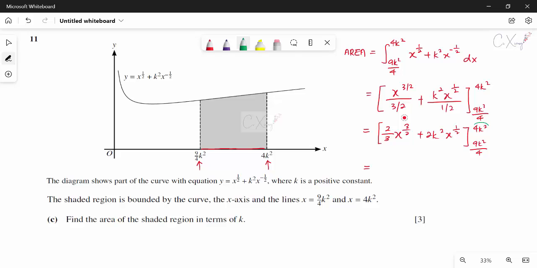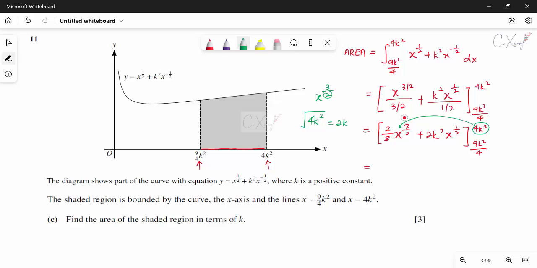I substitute 4k squared into this part. How are you going to simplify it? Always remember that when you have x power 3 over 2, the 1 over 2 is actually the square root. So you take the square root of 4k squared first, which will be 2k.